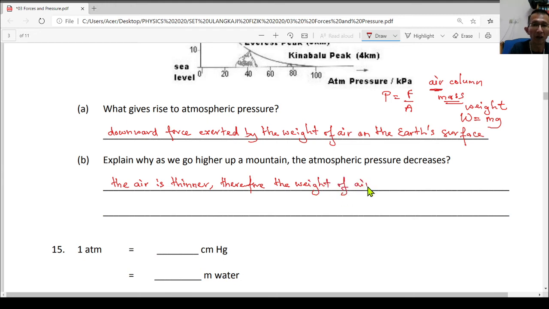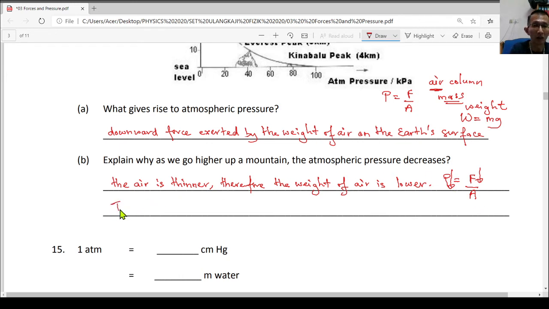From our P equals F over A, when F decreases, P also decreases.